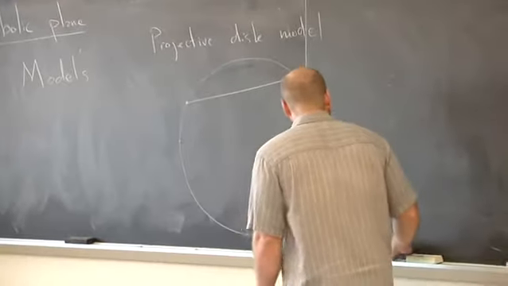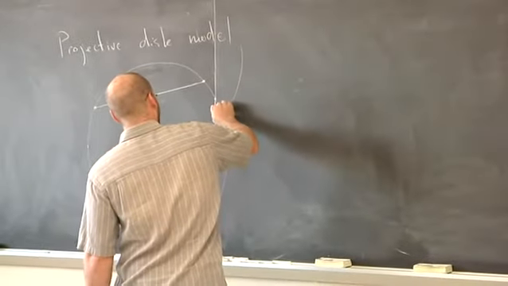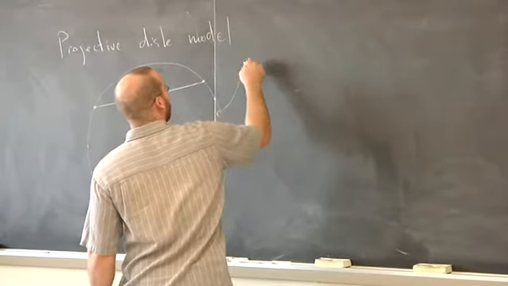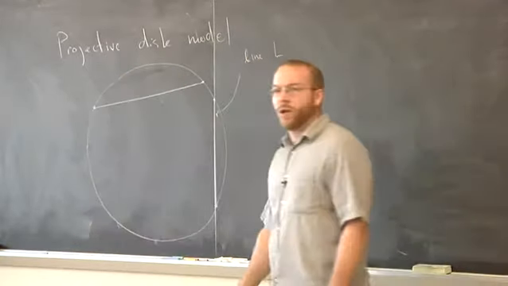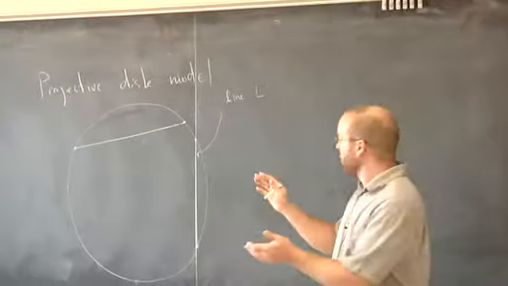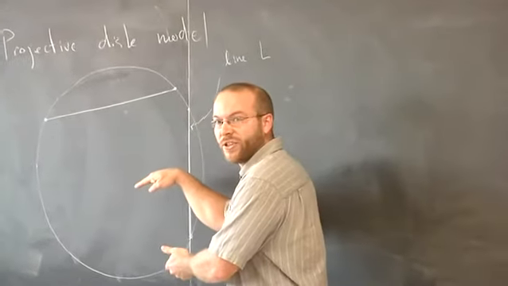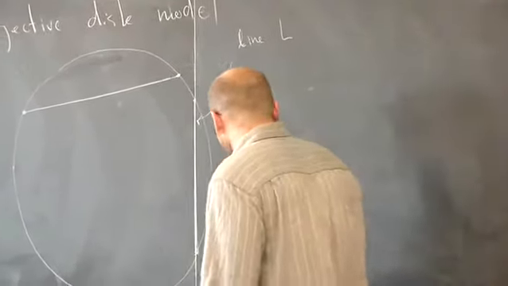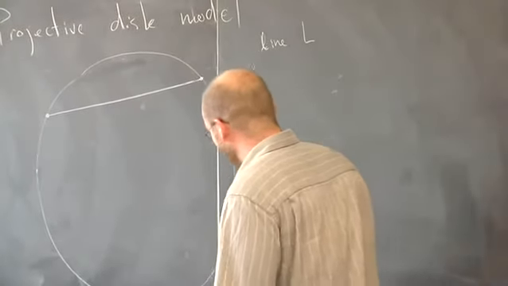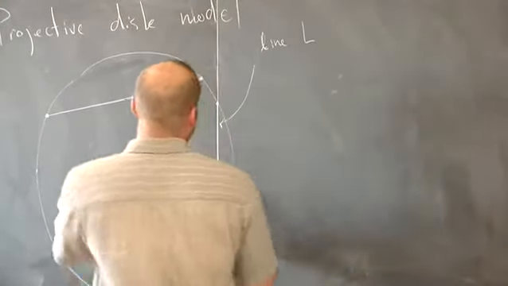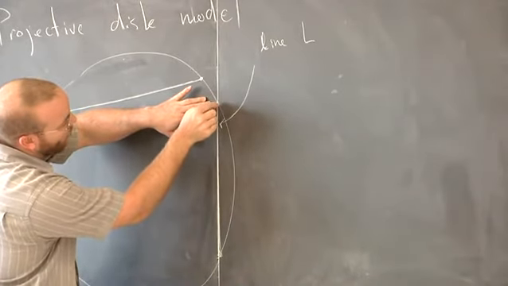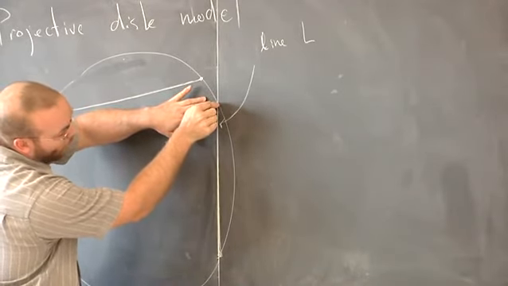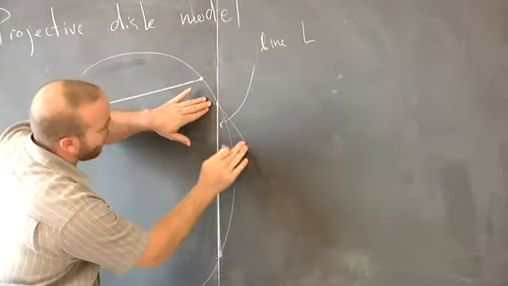So here's a line L right there. I have a line L, and I want to know what something is that's perpendicular to this line. Okay, so the way we do this in the projective model is we draw tangent lines at the points of intersection of the circle. Oh, that's way off.